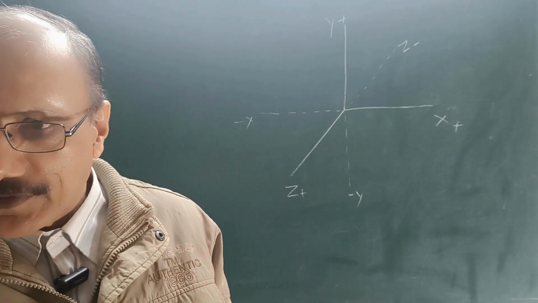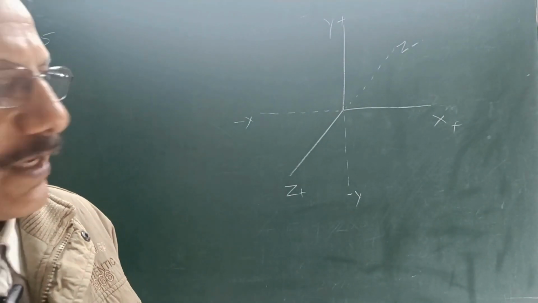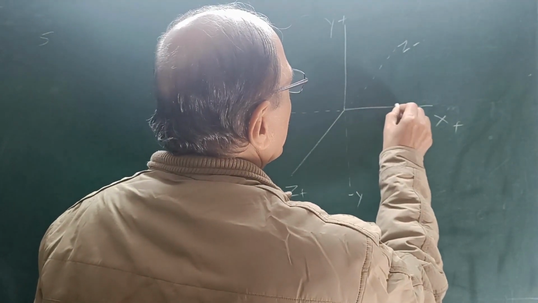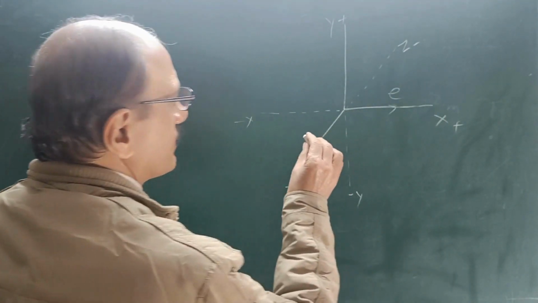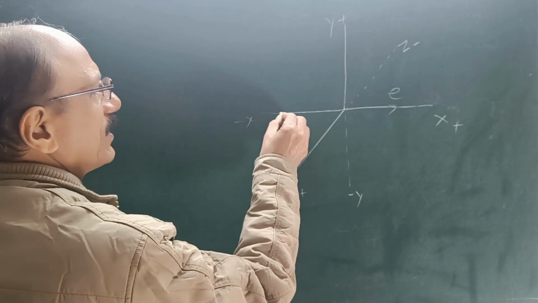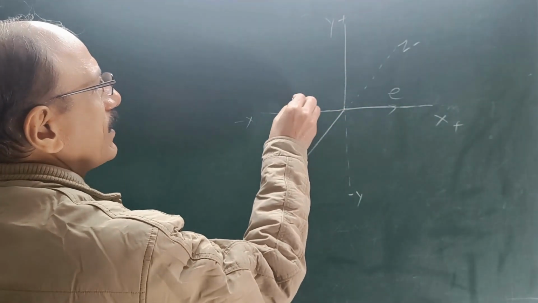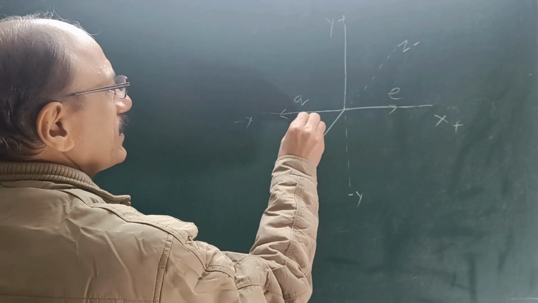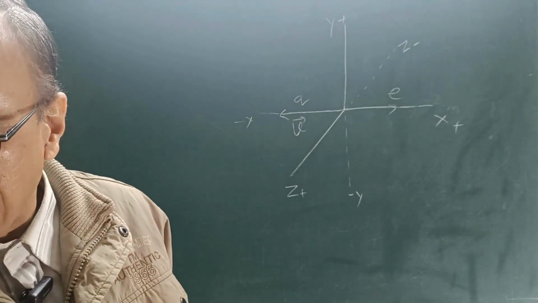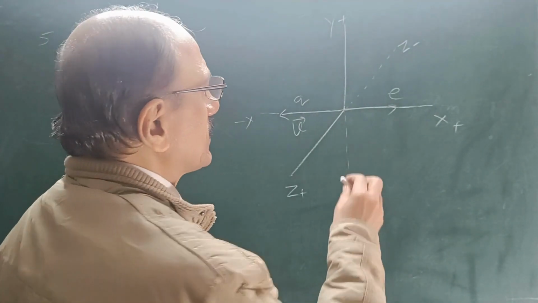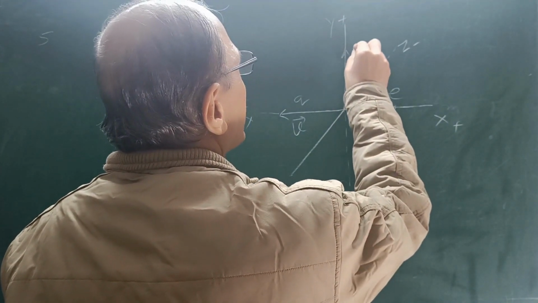As per the question, the electron is moving along the positive x-axis. So the electron is moving this way, that means we can consider the positive charge moving in this direction, that means the velocity is in this direction, and the magnetic field is along the y-axis.